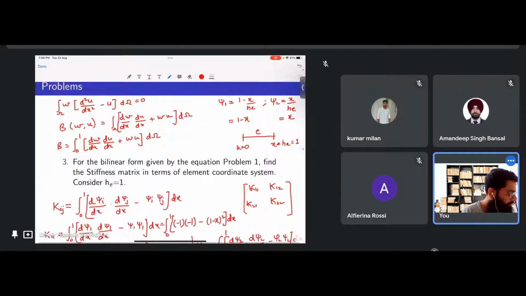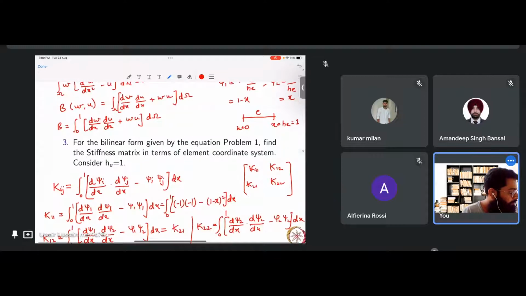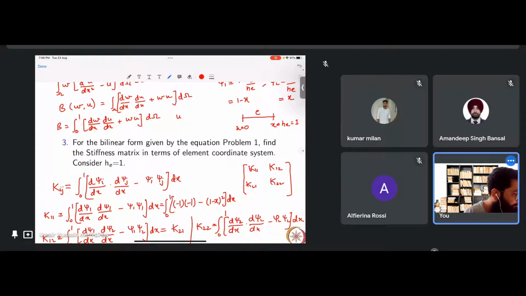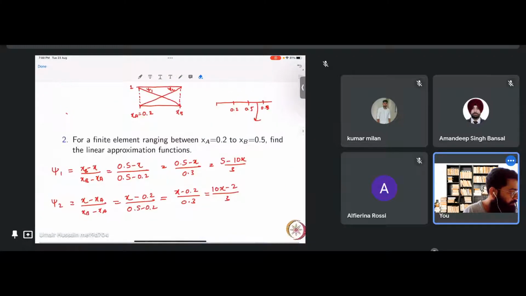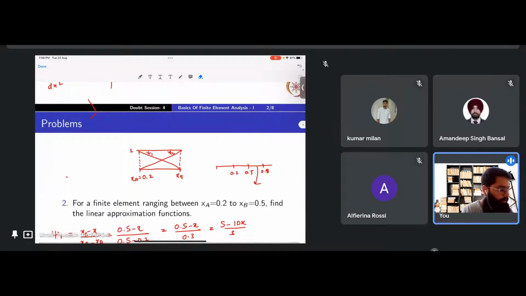Let's write it here. There's no space, I'll write somewhere else. Okay, we have some space here. So we choose u_N in such a way that u_N is u1 psi 1 plus u2 psi 2. Suppose we take only two functions for the linear case.